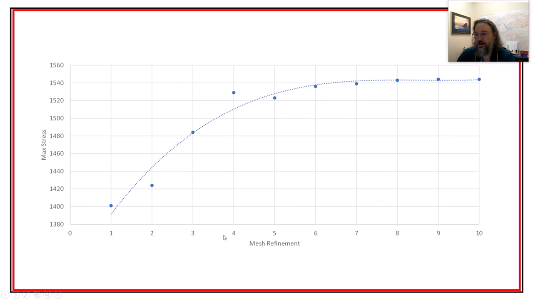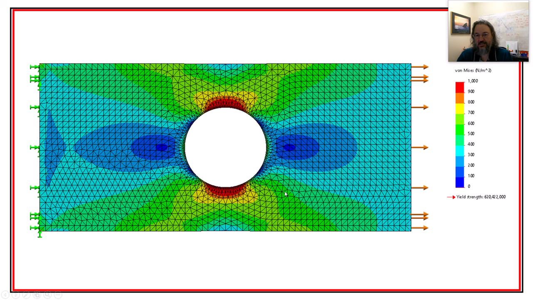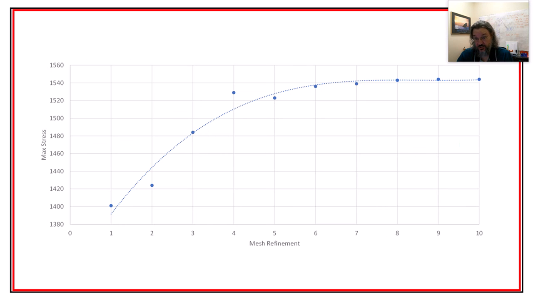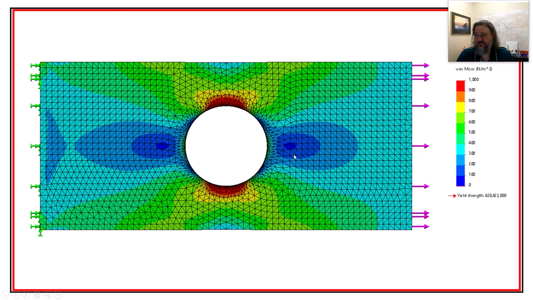There are ways to talk about mesh density and that type of thing, or number of degrees of freedom. But I just said here are my attempts, and you can start to see that we start to converge, and that's really the big idea that I wanted to get across, right? That this thing is sensitive to what the mesh is. But there's a certain point where you don't need to just keep increasing the mesh, and it's just sort of a waste of your time.